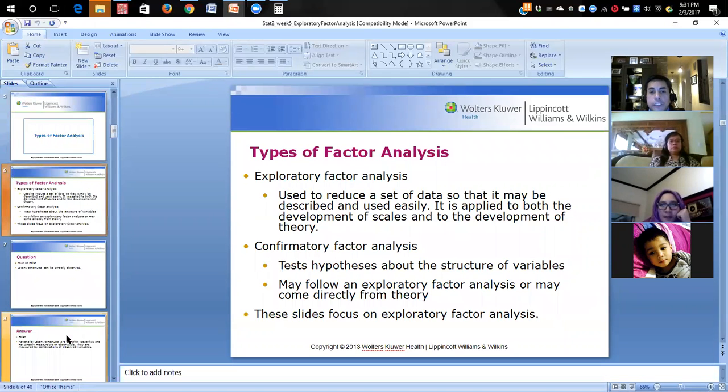The types of factor analysis are exploratory factor analysis, and you also have confirmatory factor analysis. So exploratory is to reduce the set of data. So I have 22 items.